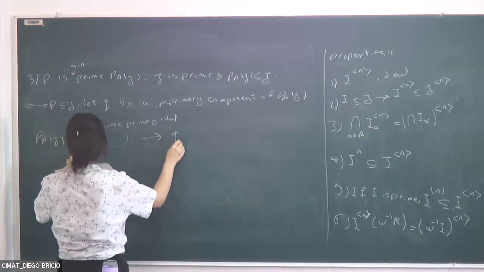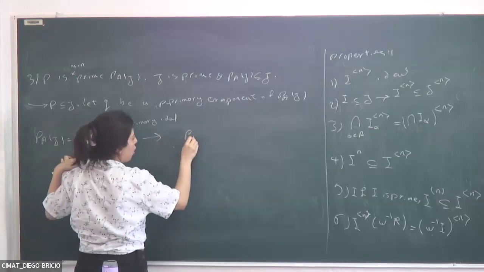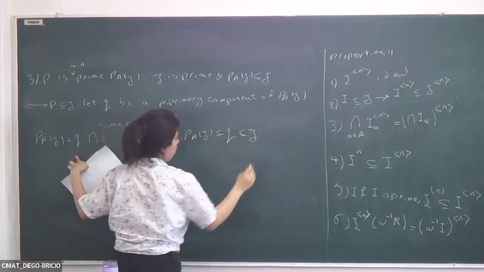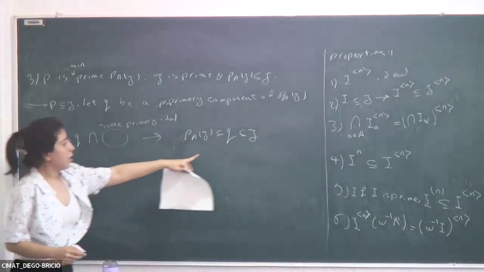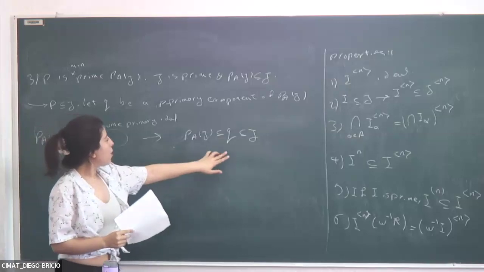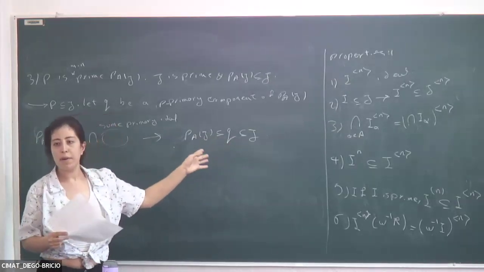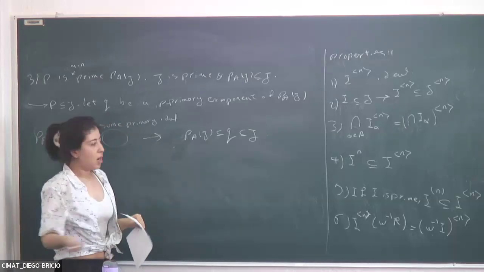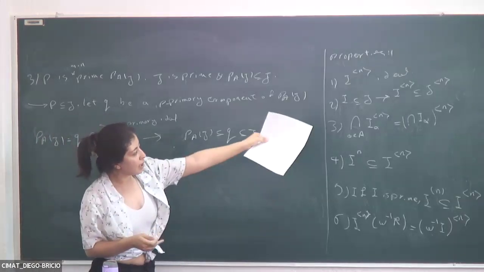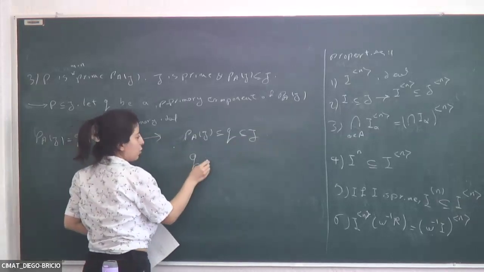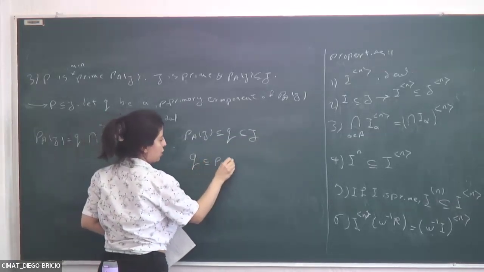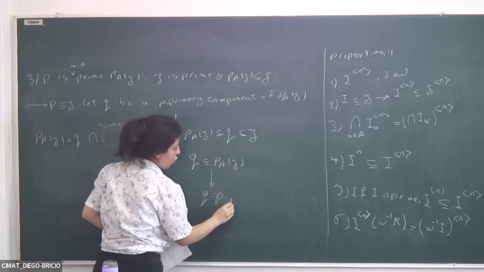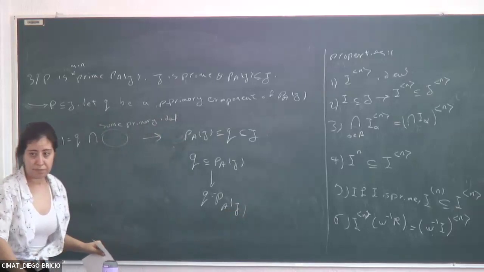Then rho R J is a subset of Q is a subset of J. Then I said the lemma is that every minimal primary component of a D ideal is a D ideal. So in this case, Q is a D ideal. So according to the second part, I have that Q is a subset of rho R J. So Q is rho R J is primary.